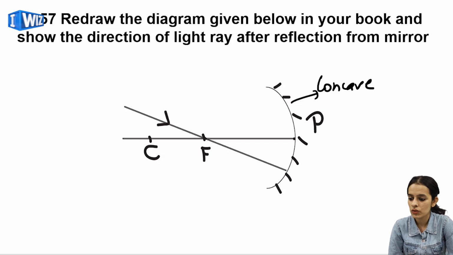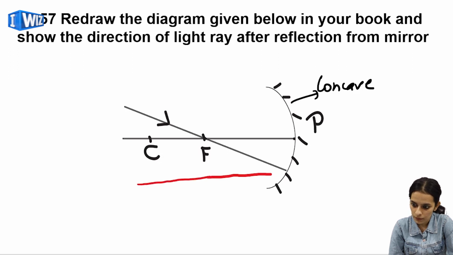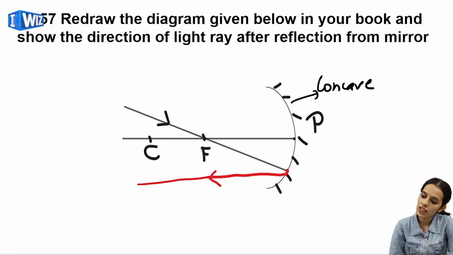So when a ray of light strikes after passing through the focus, it will become parallel to the principal axis. It will go like this. Always mark arrows whenever you are showing the path of light. It's very important to mark arrows. So when a ray of light passes through the focus, it will become parallel to the principal axis. It will be like this.